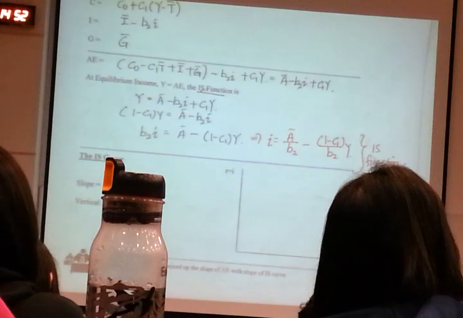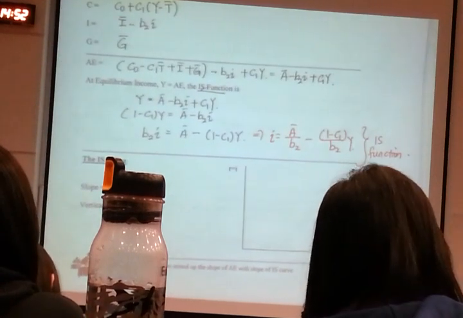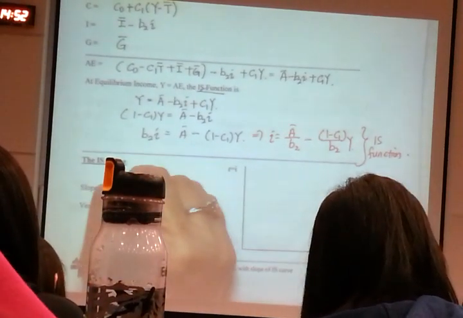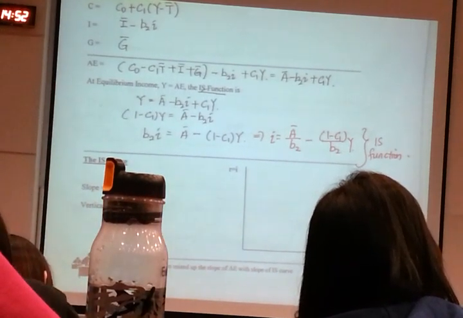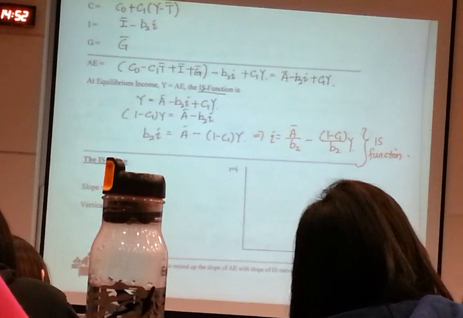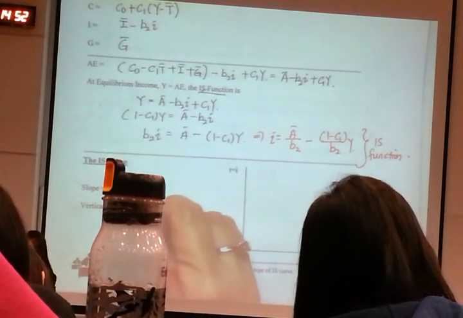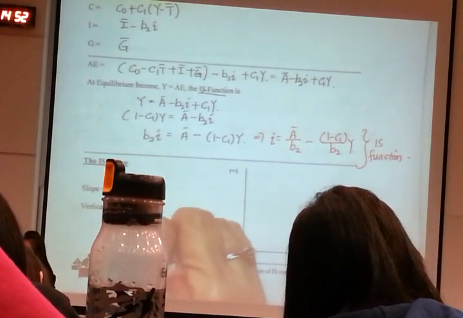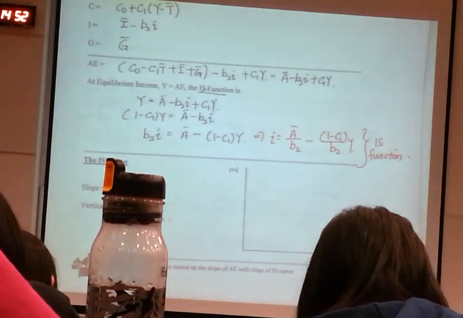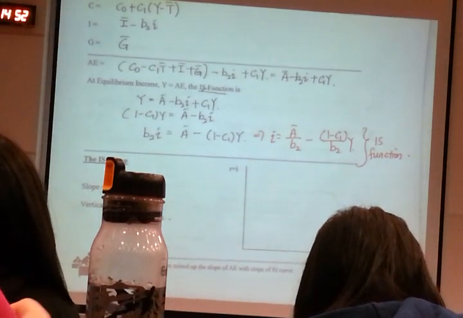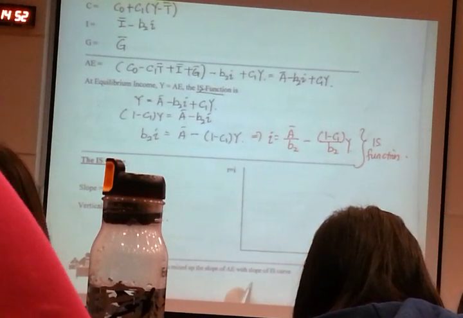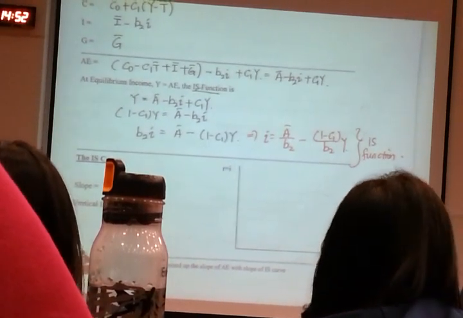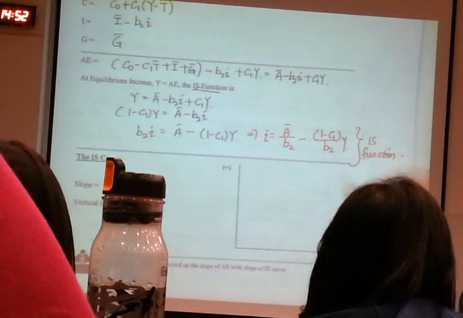So in this case, what is the slope of IS? The slope of IS is (1 minus C1) over B2. And what is the vertical intercept? A bar over B2. So don't mix up the slope. Look at the equation to tell you the slope. In this case, you know the IS is downward sloping.